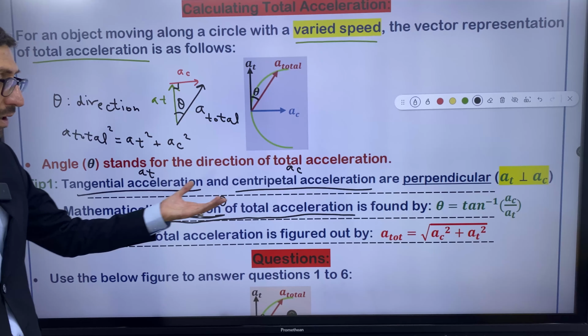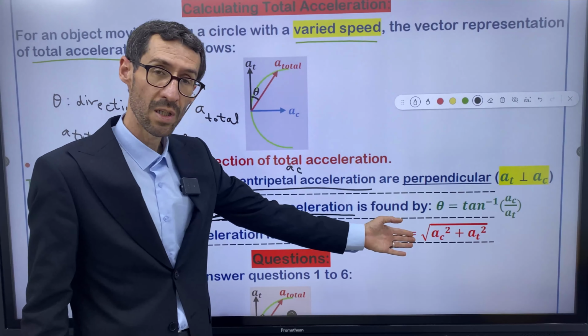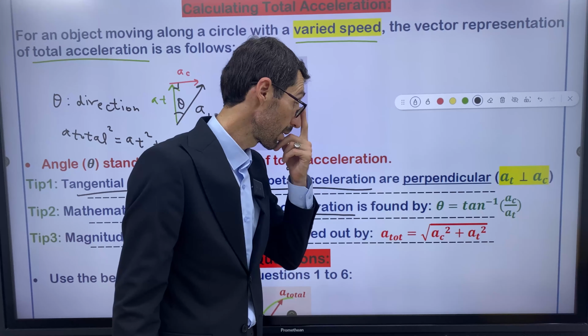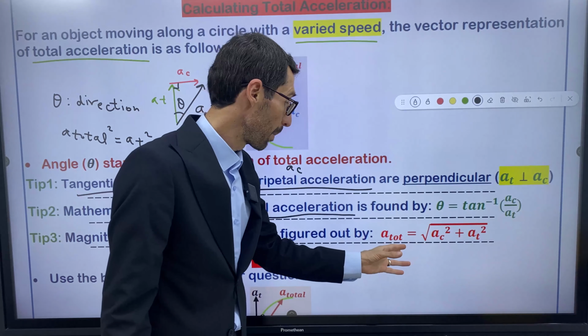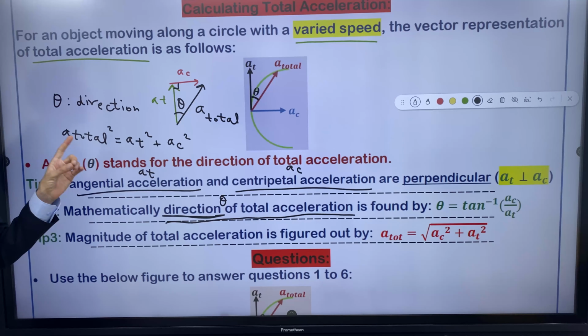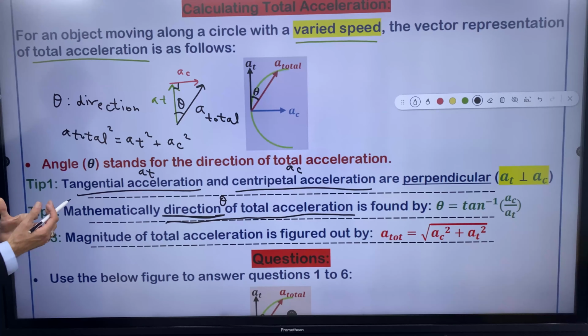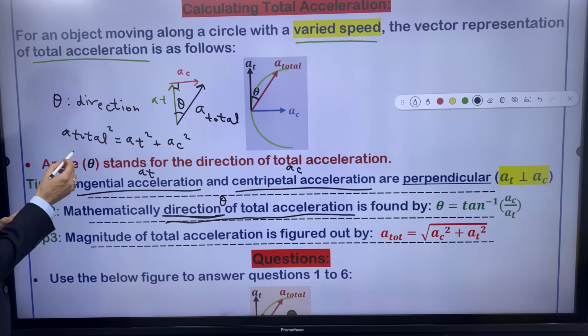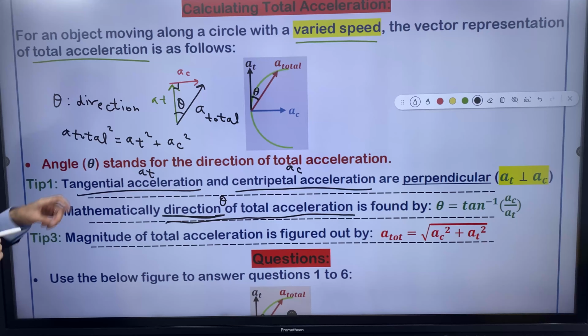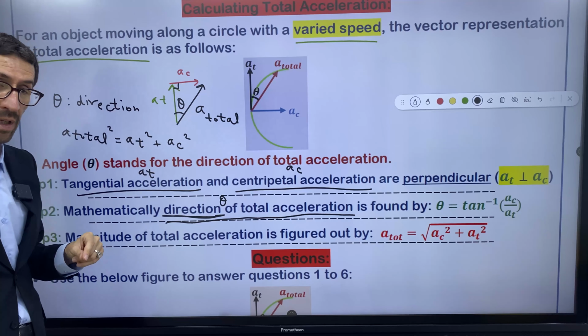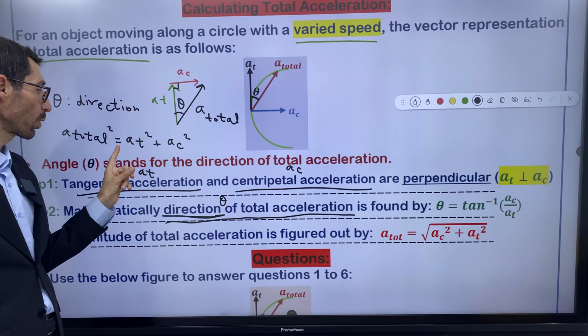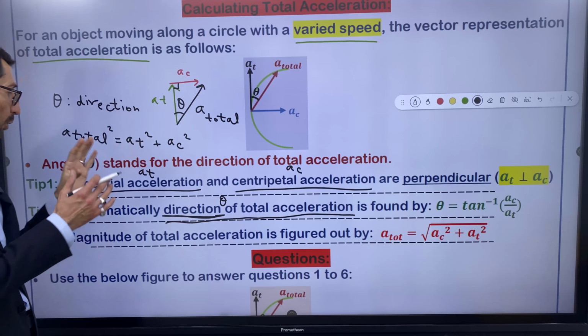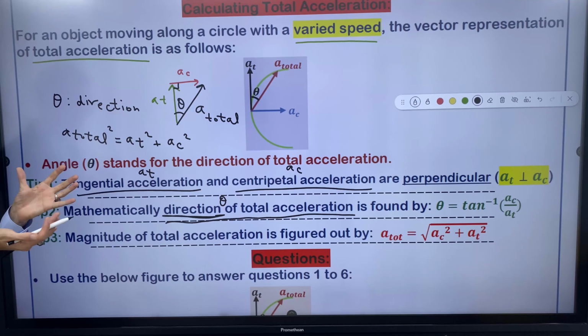But maybe you say, teacher, why does this equation take this form? Because we look for A total alone, not A total squared. So we don't need the exponent for A total. That's why we remove the square. How do you remove the exponent? By taking the square root. Actually, you have to take the square root of both sides.